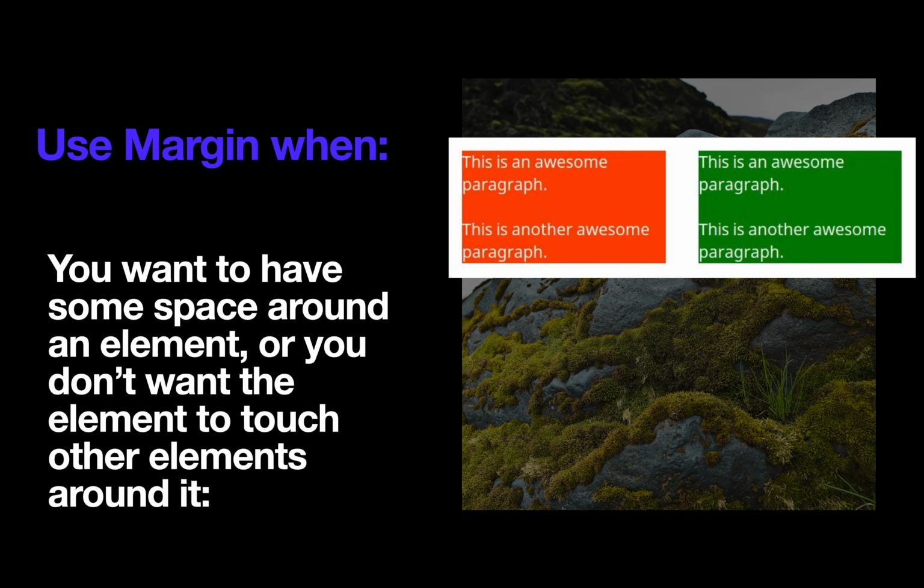Margin, rather, is for when you want two divs, here we have given an orange and a green div, not to touch each other. You can use the margin property.